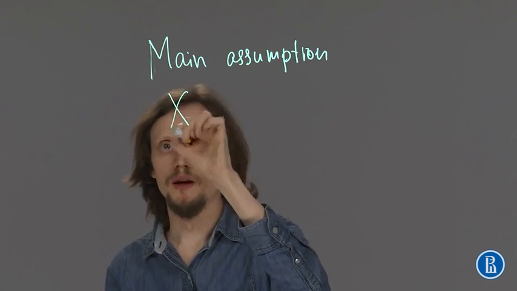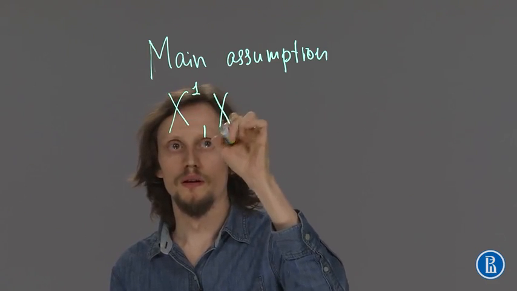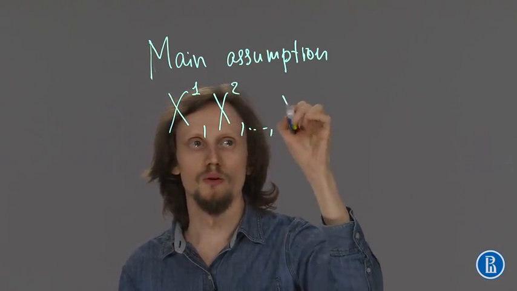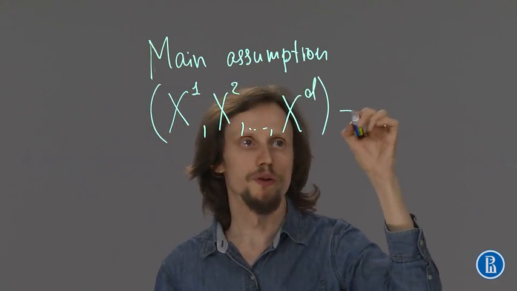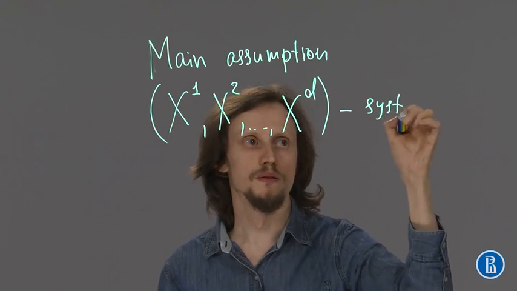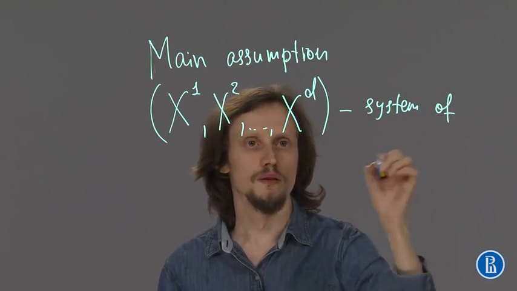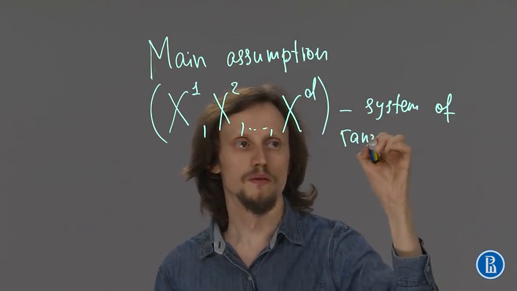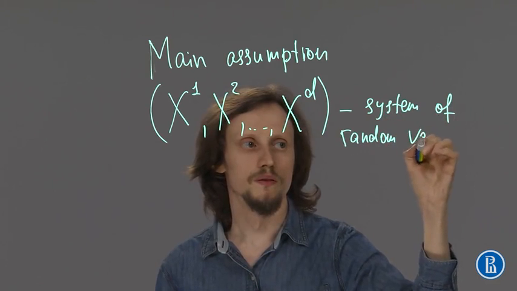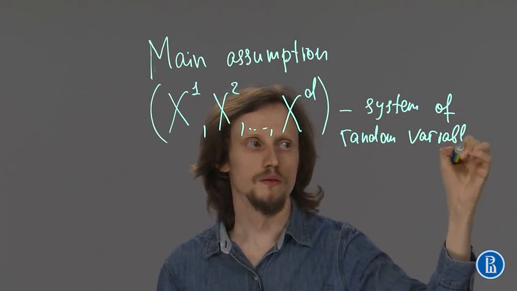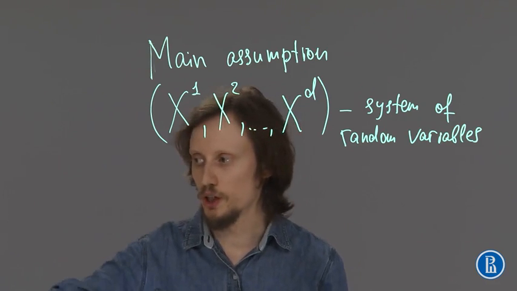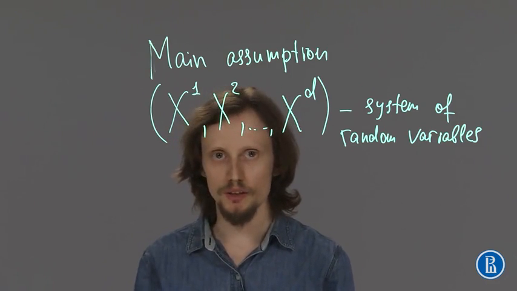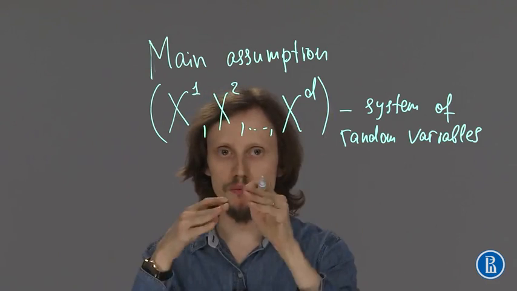We have x1, x2, and so on, xd, a system of random variables, such that our observations are independent samples from this system.